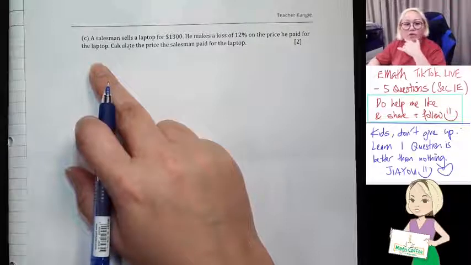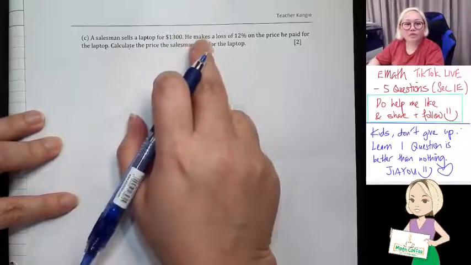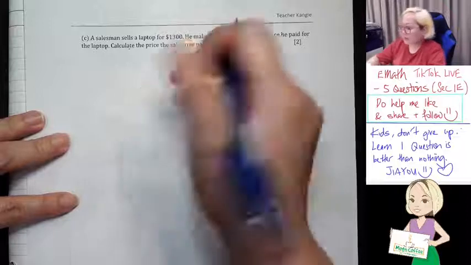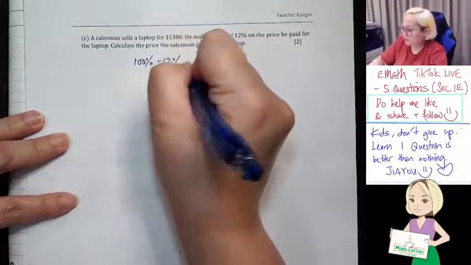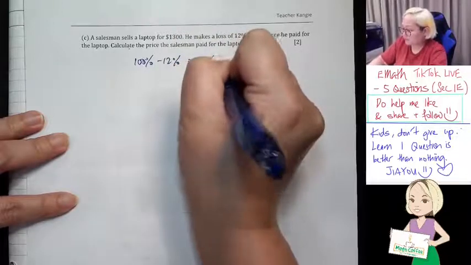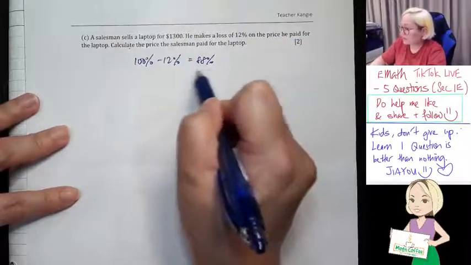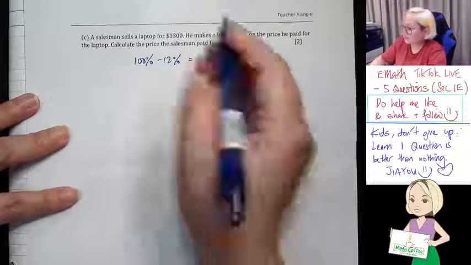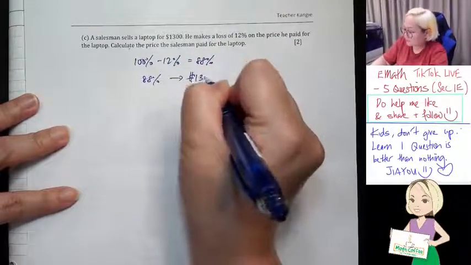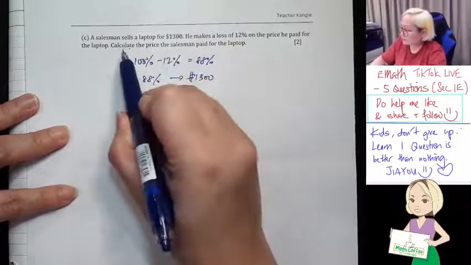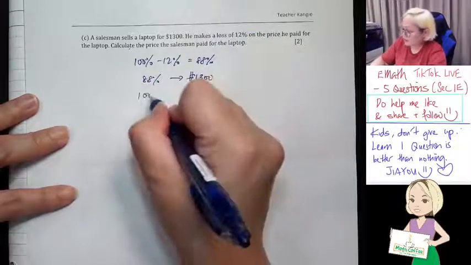So if he sells the laptop at 1,003 and this is a loss, it means I will take 100% minus 12%, which is 88%. So 88% is the selling price. 88% is 1,003. I want to find out the cost price, so find 100%.